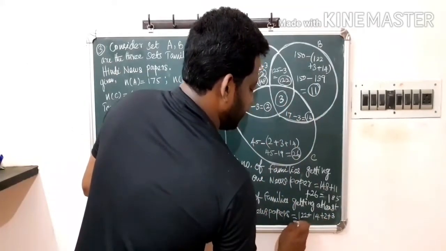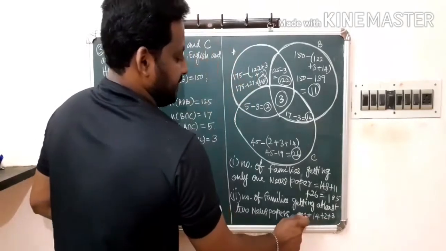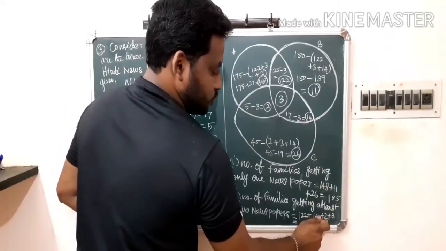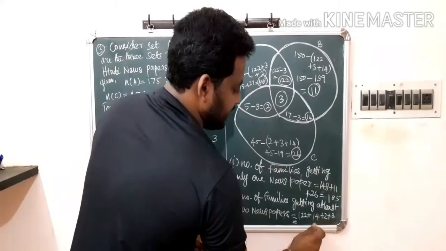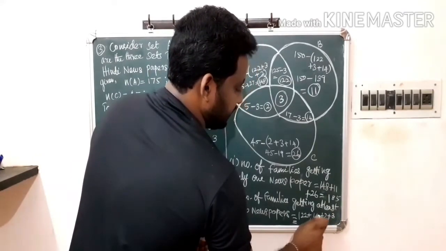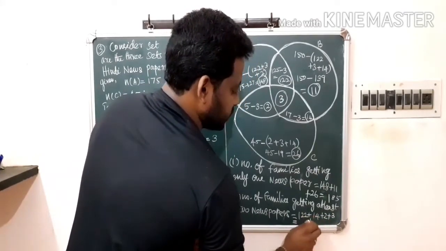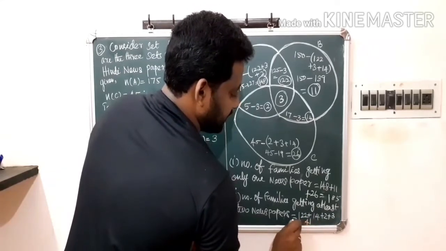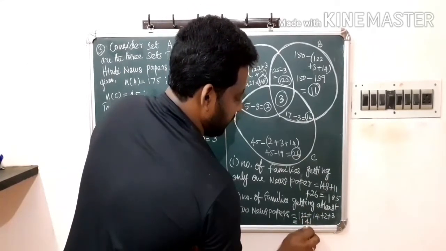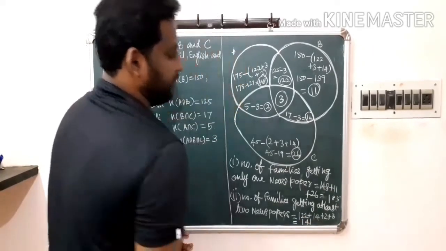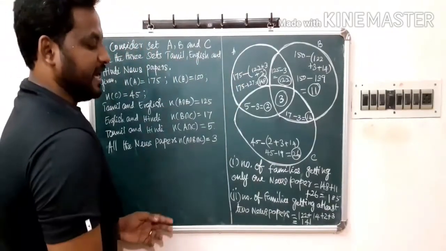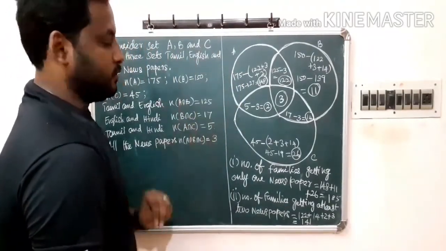So 122 plus 14, plus 2, plus 3. So 141 families getting at least 2 newspapers.